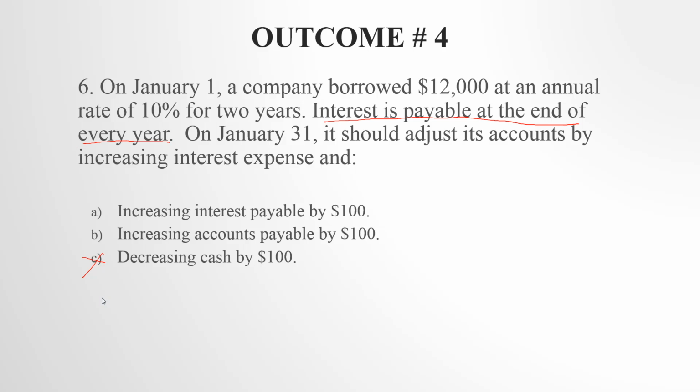Now it is true that interest payable is a liability, but it's not captured in accounts payable. Accounts payable is used for items such as inventory when the company owes money to its suppliers. It's not used for interest. A is the correct answer, an increase in the interest payable liability account of $100.